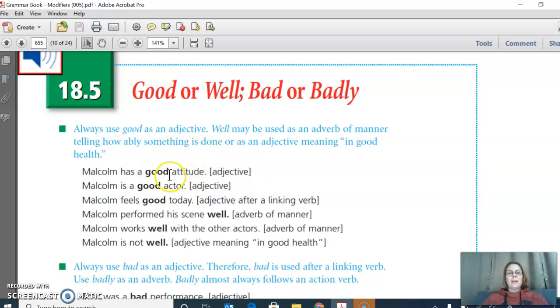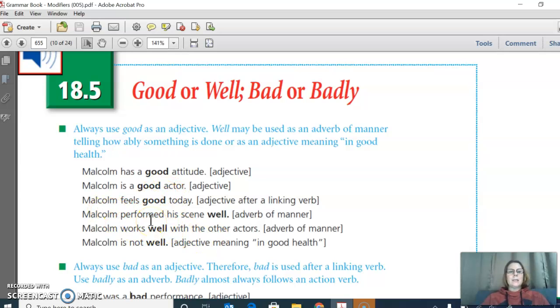Good is describing what kind of attitude Malcolm has, and therefore it's an adjective that's correctly used. Malcolm is a good actor, also an adjective describing what kind of actor Malcolm is. Malcolm feels good today. In this case, it's an adjective after the linking verb describing Malcolm, right?